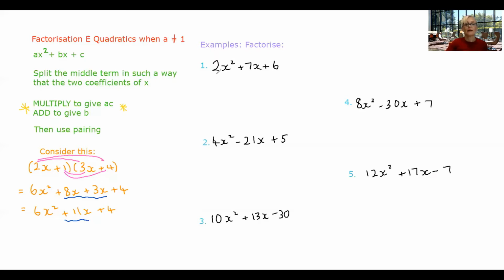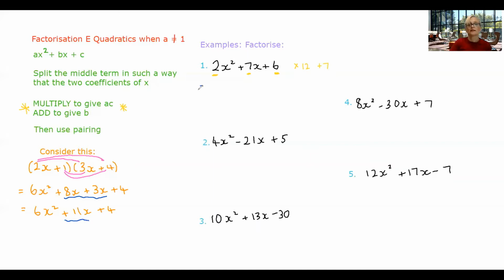Now remember, A is the coefficient of your x squared term and C is just your constant term, and B, all right? So we have to find two numbers that multiply to give, in this case, 12, and we want them to add to give 7. And that's how we're going to split up this 7x.